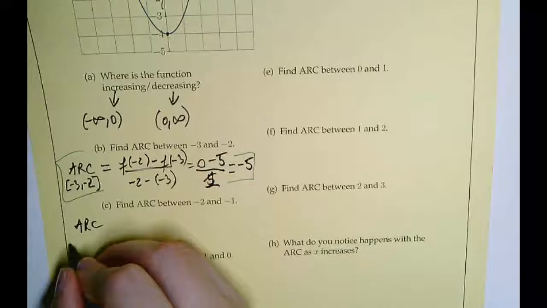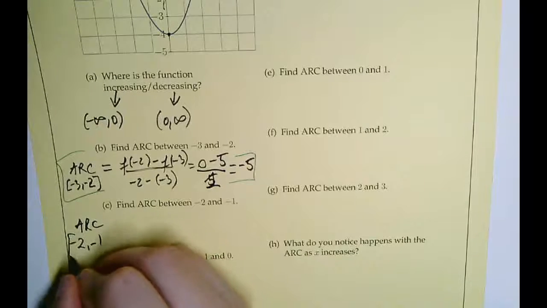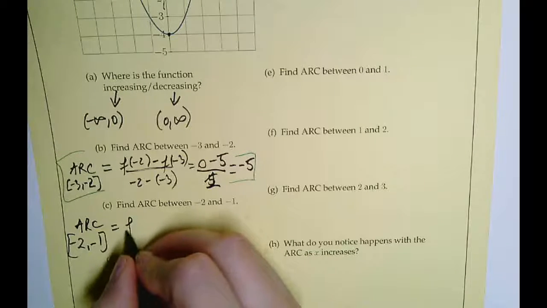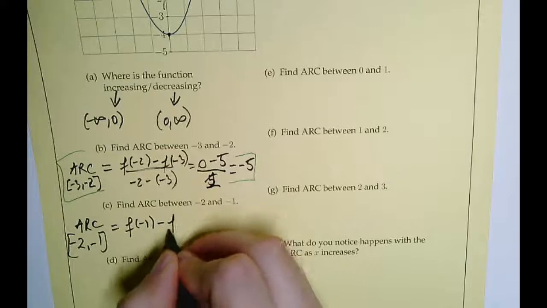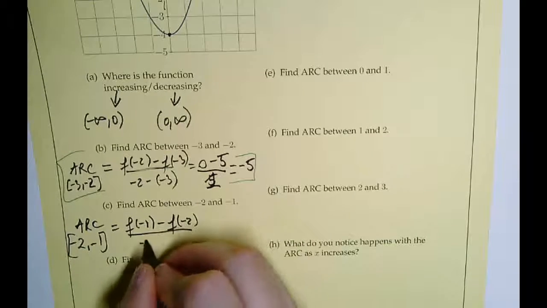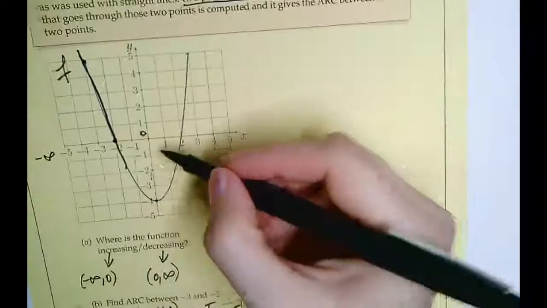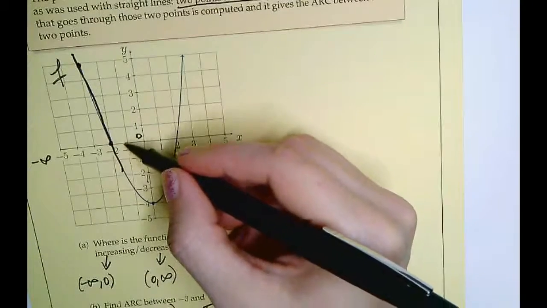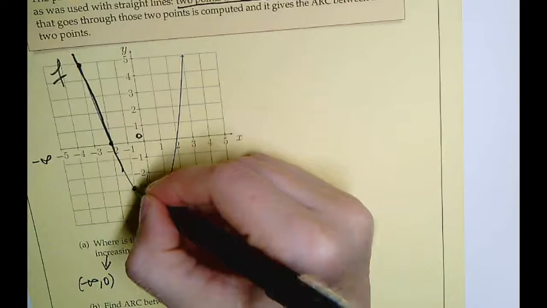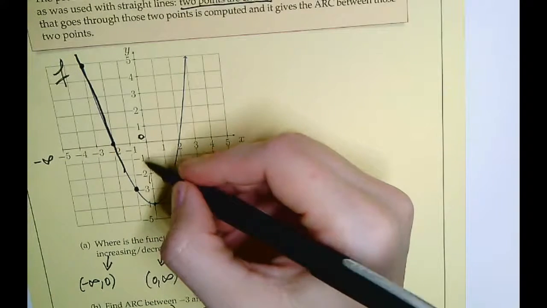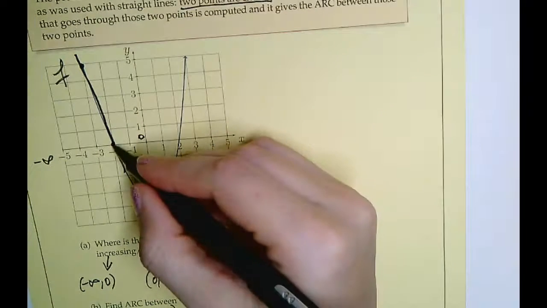The average rate of change between negative 2 and negative 1 is going to be f of negative 1 minus f of negative 2 over negative 1 minus negative 2. f of negative 1 is right here, and f of negative 2 is right here.